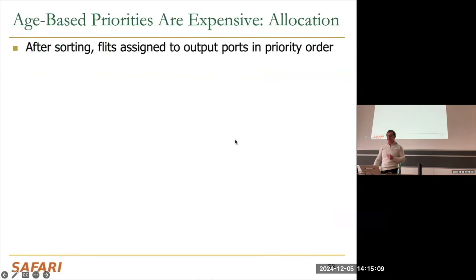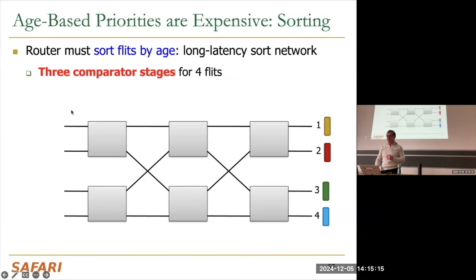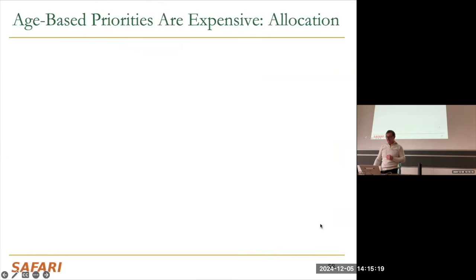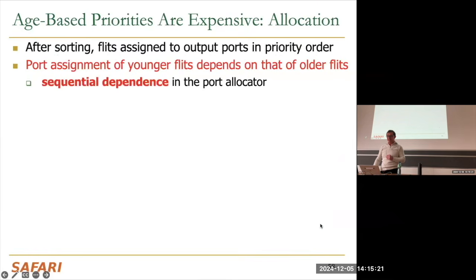On top of this, after sorting, you need to allocate flits to outputs in priority order. Now what we've done is just determine priorities, right? Which flit has higher priority. Now we need to allocate ports, so that flits that have higher priority get their productive output ports.